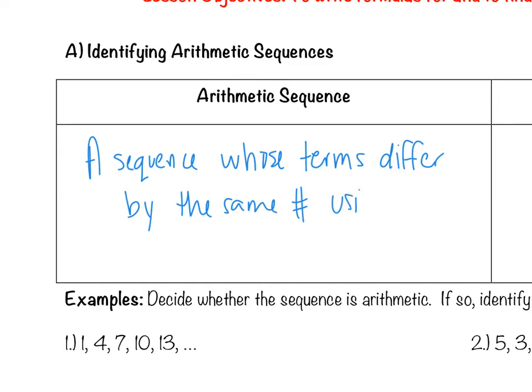Hence the arithmetic sequence. That is a sequence whose terms differ by the same number using addition. So things are going to be constantly being added or subtracted to form the sequence.